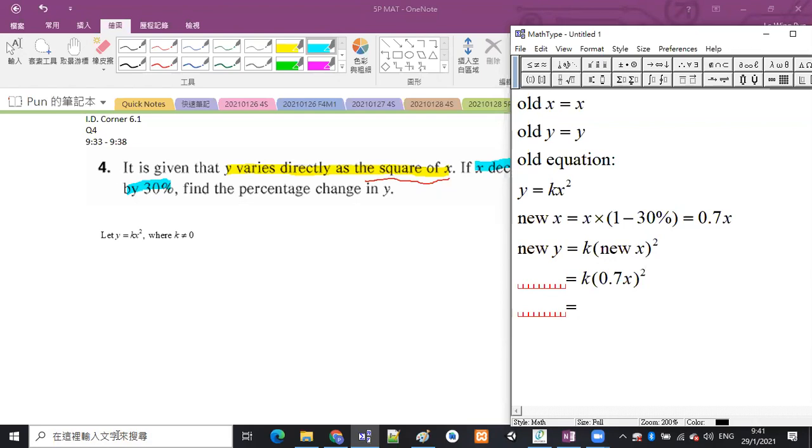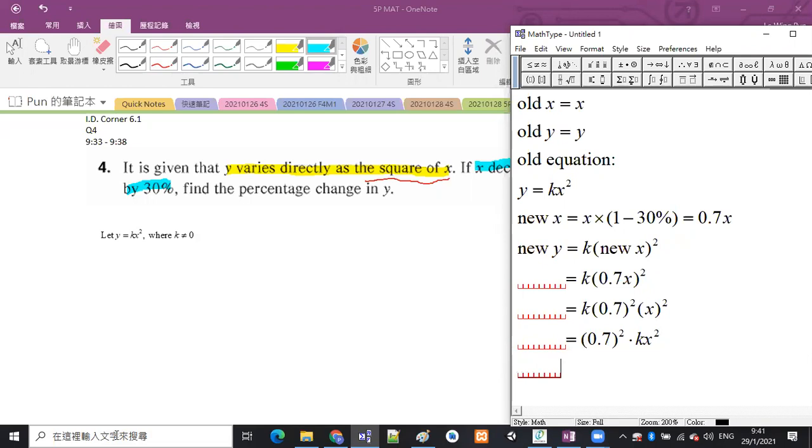Then we share the square to the 0.7 and to the x, so 0.7 gets the square and x also gets the square. Then move the number to the front of the expression: 0.7 squared times kx squared.